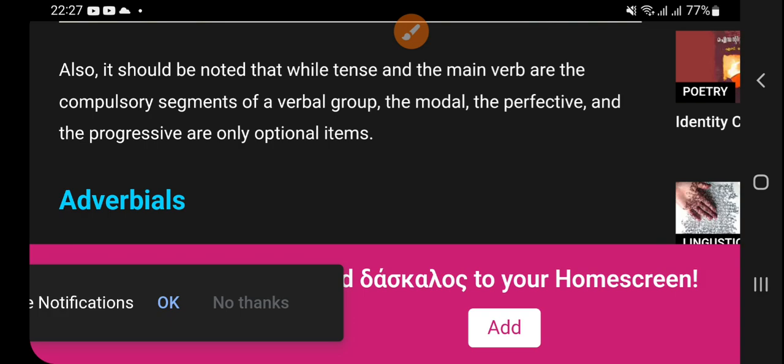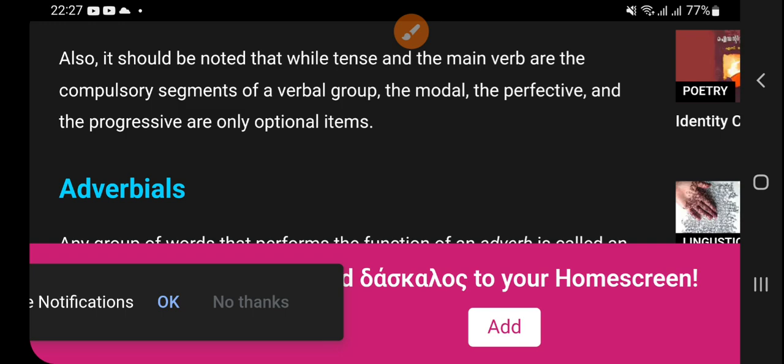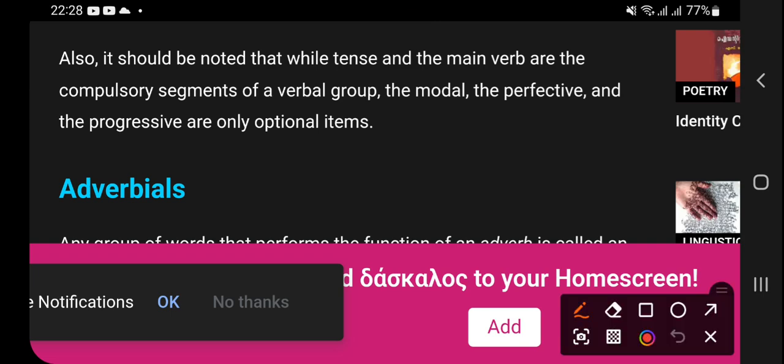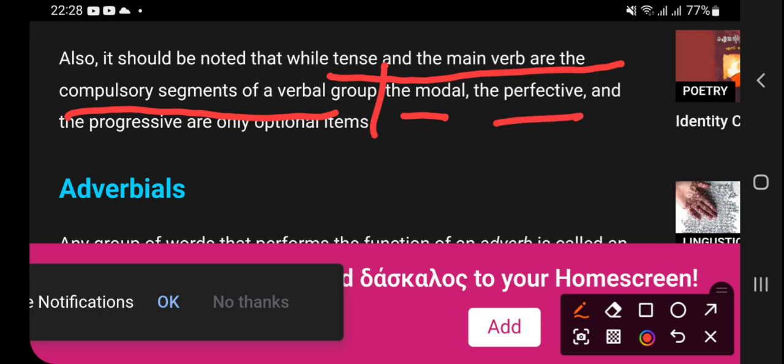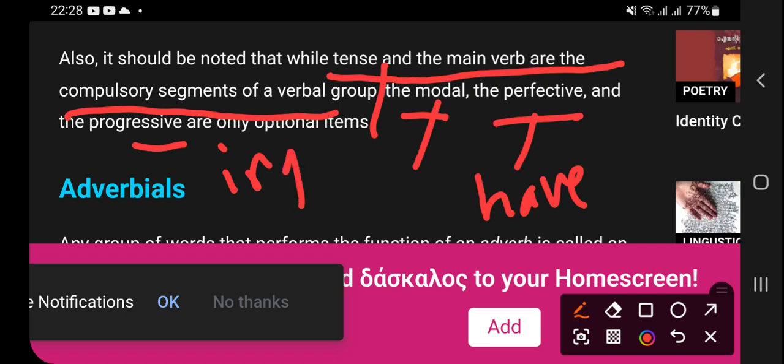Modal is will, shall, can, may; perfective is has, have; and the progressive is ing.